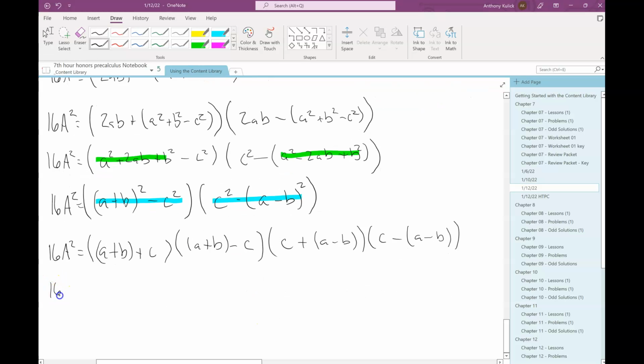I'm now just going to distribute some things and rearrange the things in parentheses so that the little parentheses go away. Oops.